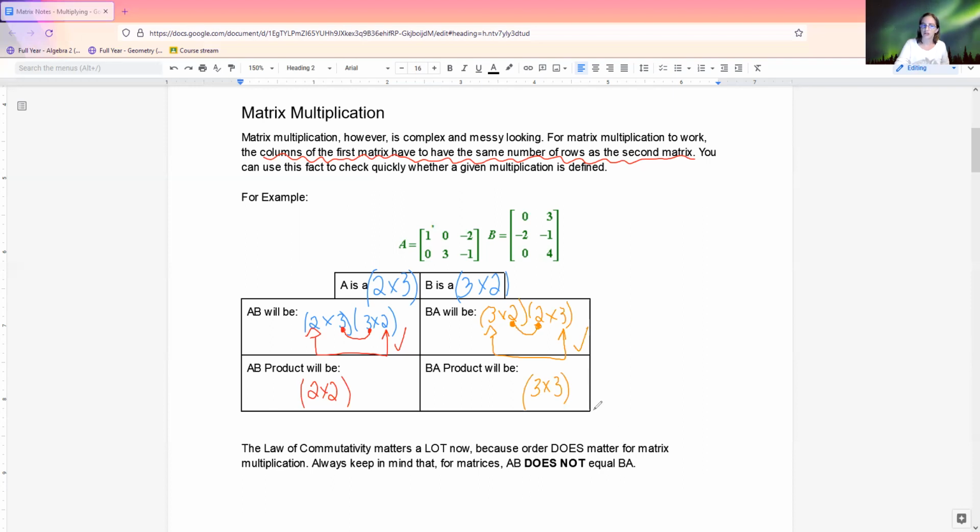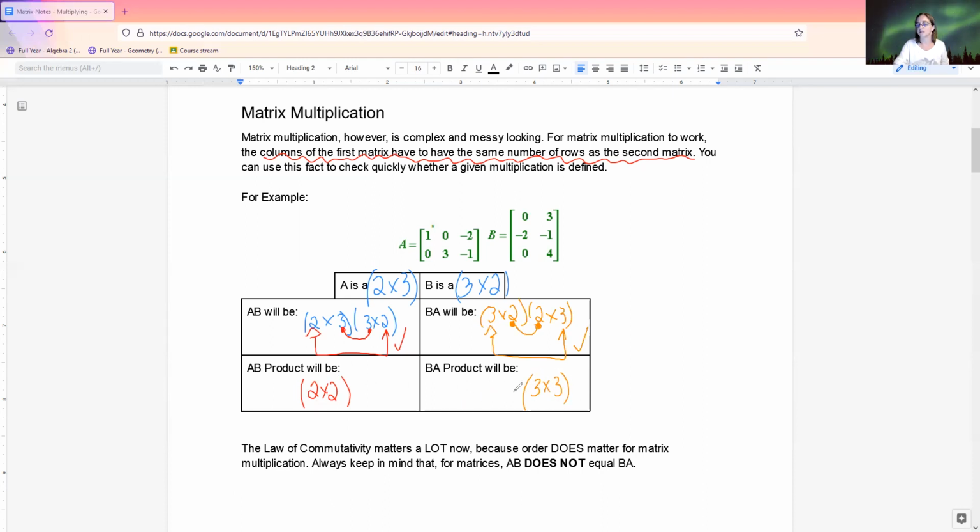Okay, so this looks a little bit different. Remember, back before, you have had it drilled into your head that multiplication is commutative. It doesn't matter the order, you'll still get the same answer. In matrix multiplication, it's a little bit different because as you can see just by this part, this A times B is a 2 by 2, but B times A is a 3 by 3.